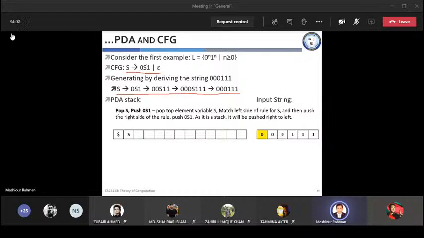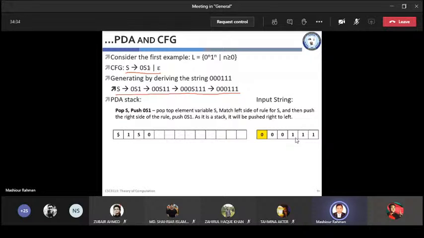So we are saying pop this S and push the rule on the right hand side. In the right hand side there are two rules, so it needs to match which rule matches with the input string. 0S1 matches with the input string. So we have popped this S and we have pushed 0S1. Now remember, we are pushing 0S1.